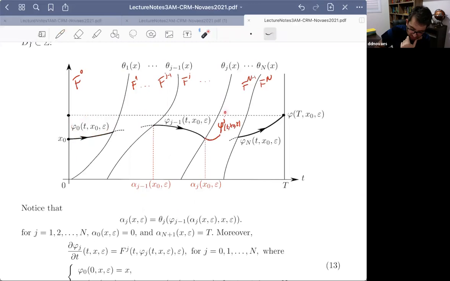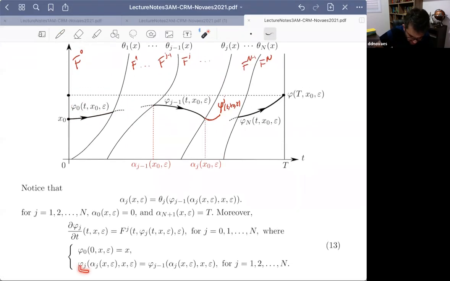Then in order to have a continuous trajectory, what is true here is that phi j computed at this time that we are calling alpha j is equal to phi j minus 1 computed at the same time. So we have this kind of recursively defined sequence of differential equations which provides the trajectory of the Filippov system.